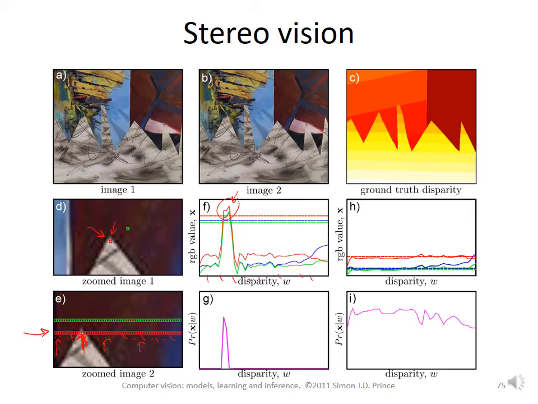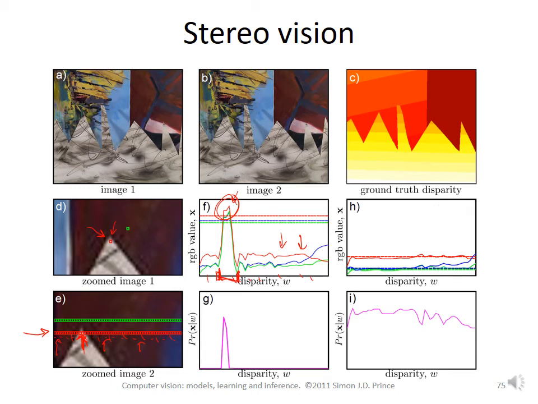And these other disparities here and here are all quite bad, so they don't seem to be a good match. If we were just trusting the unary terms only and had no pairwise terms, we would probably favor assigning a disparity somewhere in this circled region. So somewhere in this range of disparities seems to be a good explanation.